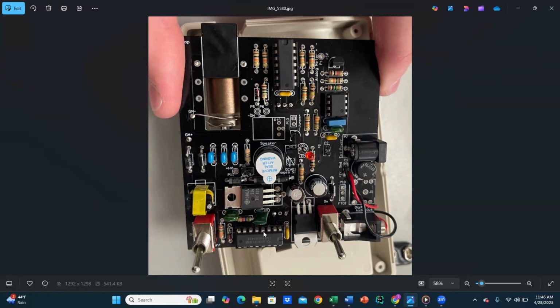And then ICs, IC, and IC. Oh, here's the transformer. Then we have our voltage regulator here. And then you also have a voltage regulator over here.